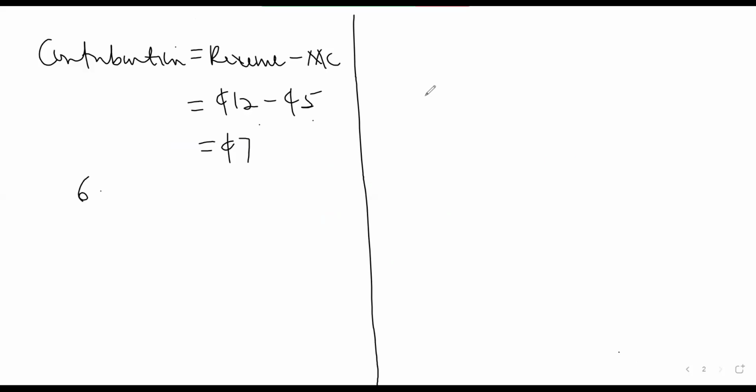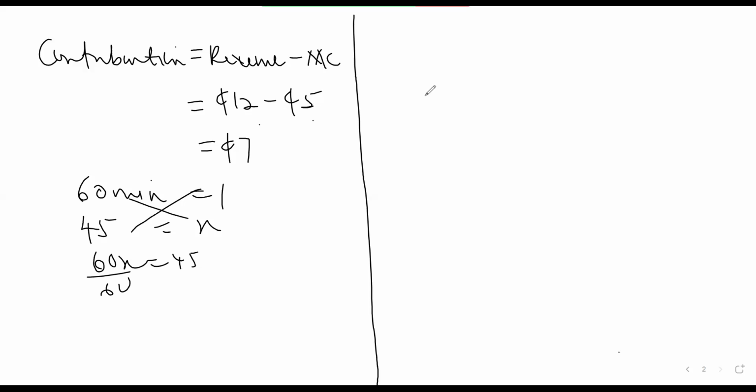We know that 60 minutes will give us 1 hour. So 45 minutes will give us what? You are giving the time in minutes. You have to change it to hours because you are given the factory time in hours, not in minutes. So we have 60 minutes is equal to 1 hour, and 45 minutes. That is why we are dividing.